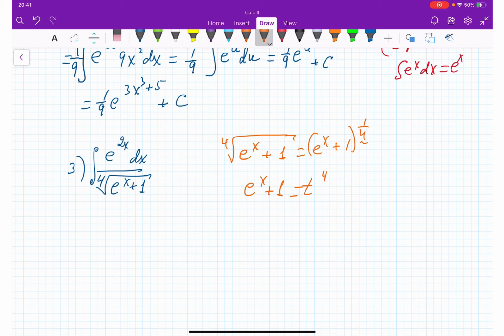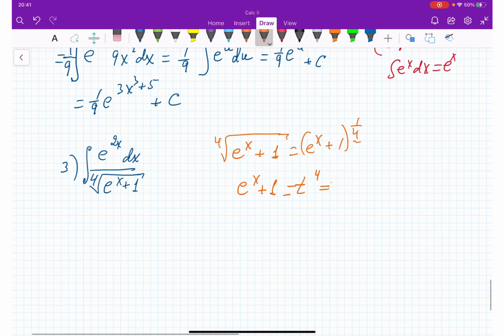Since we have e to power 2x, to find e to power 2x, first we need to find e to power x, which is equal to t to power 4 minus 1. And from here, e to power 2x is t to power 4 minus 1, squared.